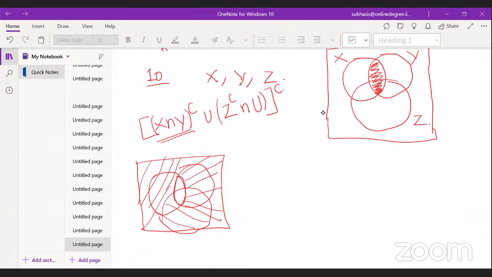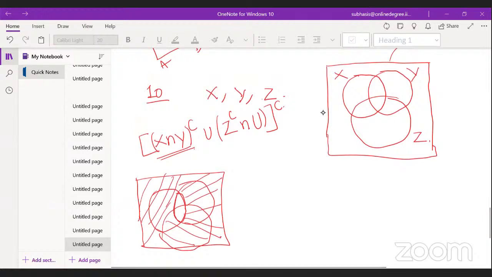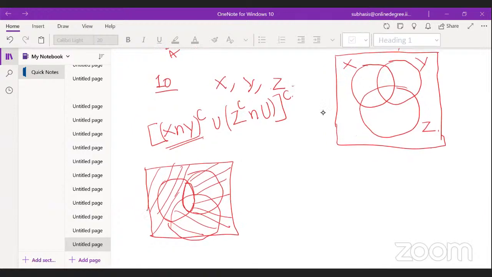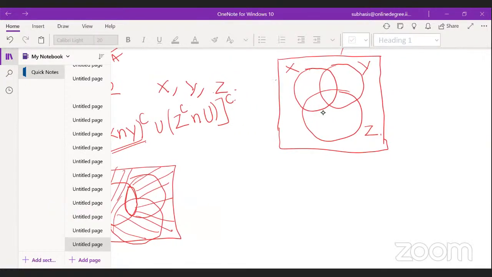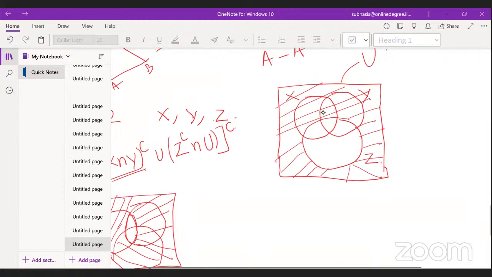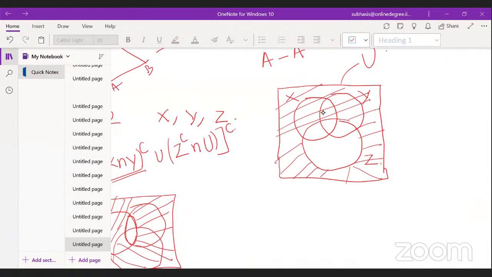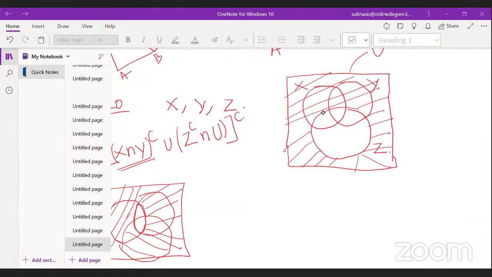Similarly, your Z complement intersection U. What is your Z complement? Except Z, this region. And you are intersecting with U. So you will get the same thing, right?